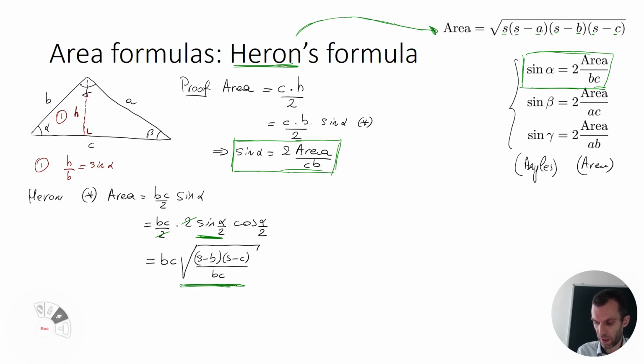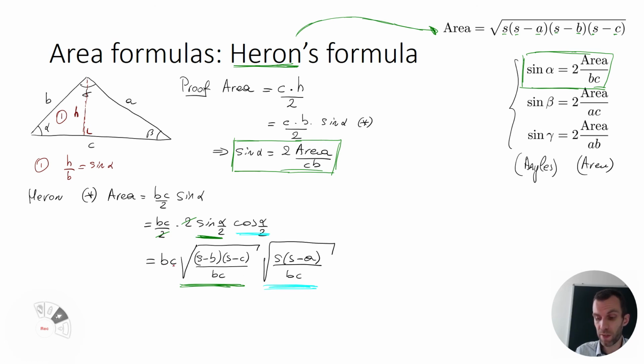So that's sine alpha over 2. And cosine alpha over 2, I have to look at my notes, is the square root of s(s minus a) divided by bc.